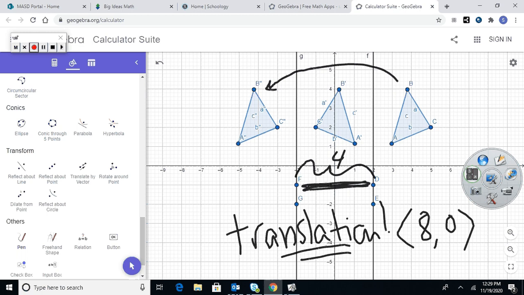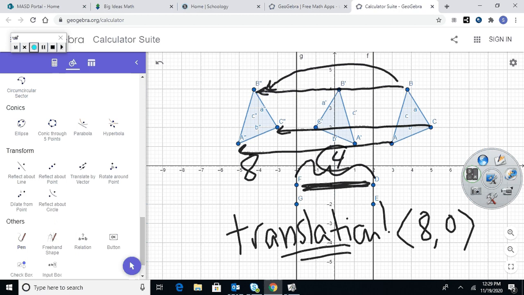You just double it, because the distance from A to A prime, C to C prime, and B to B prime are all 8 units, from 3 to -5, from 5 to -3, and from 4 to -4. They all move 8 units, doubling the distance between the parallel lines. All right, so that's our first theorem today: when you reflect on parallel lines, the result is a translation.